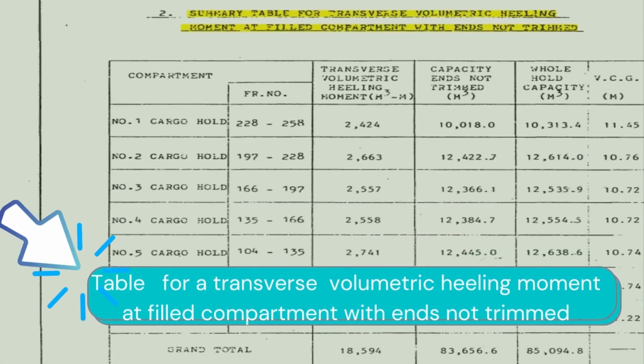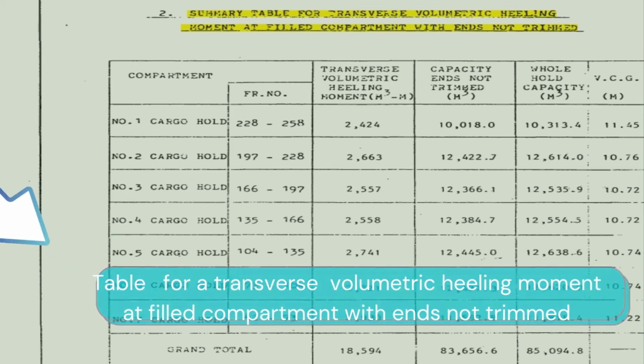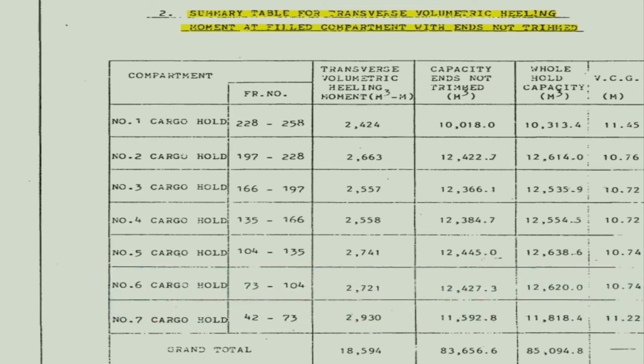Here on that table we have the major difference between this condition and the previous condition: the value of transverse volumetric heeling moment. If we check here cargo holds, we'll find cargo hold number 1, 2, 4, 2, 4. That means the value is bigger than the previous condition.